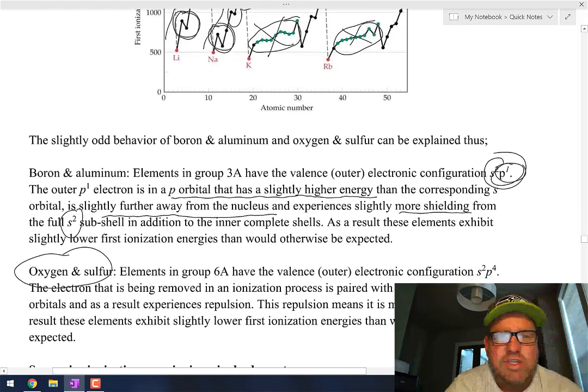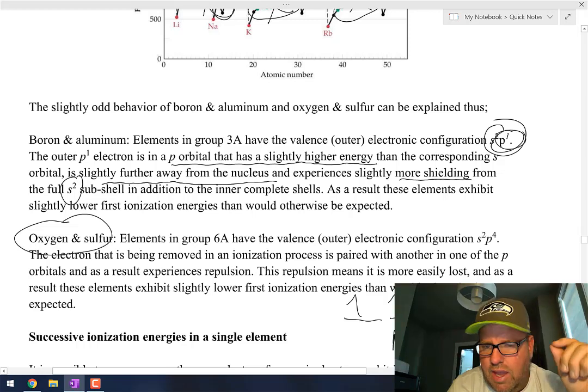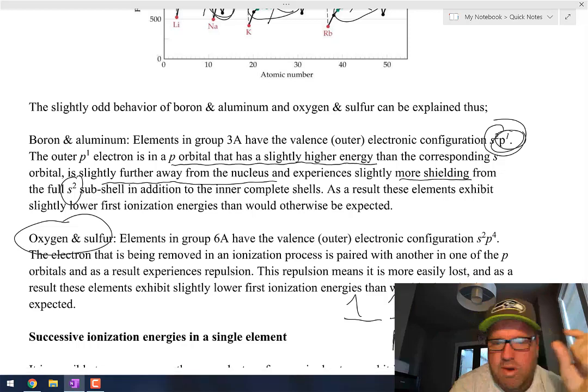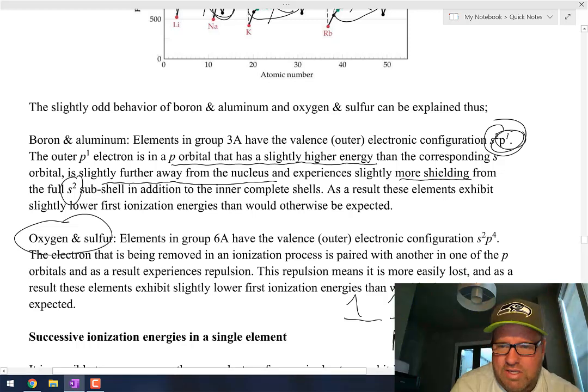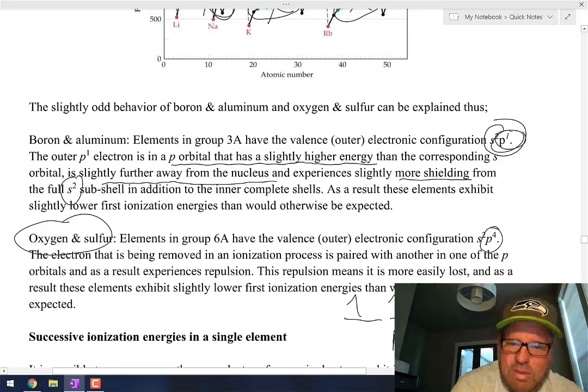Okay, with oxygen and sulfur, it's easier to look at the orbital diagram. Nitrogen is 2p3, and phosphorus is the same thing, 3p3. But with oxygen and sulfur, now you've got 2p4 and 3p4. And this electron goes right here, now we're at oxygen. So this electron that's being removed, which is this one right here, is paired with another electron.